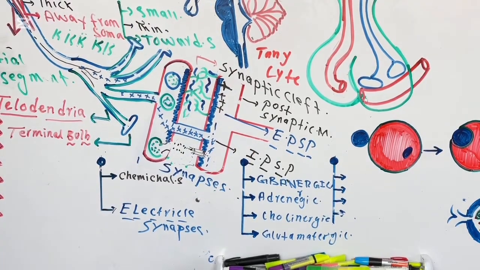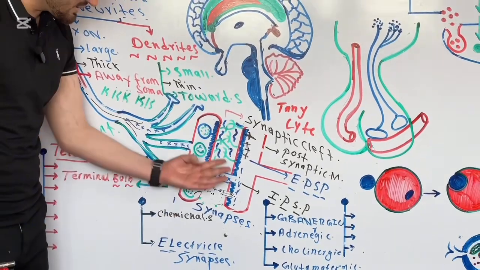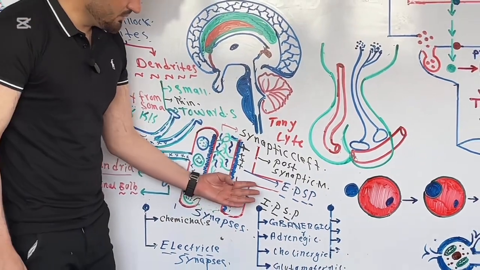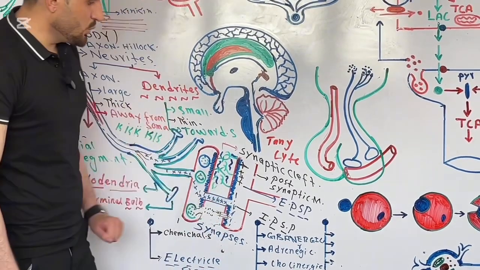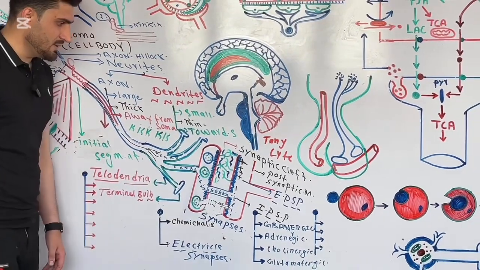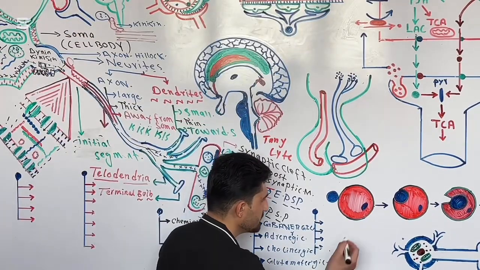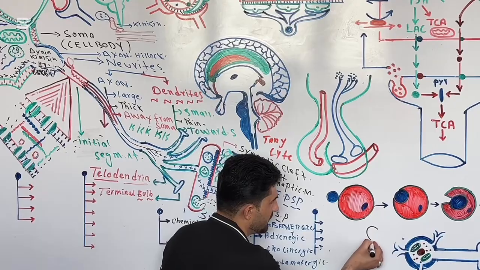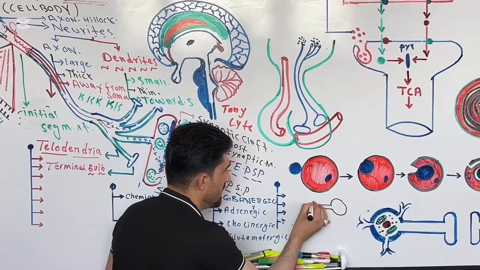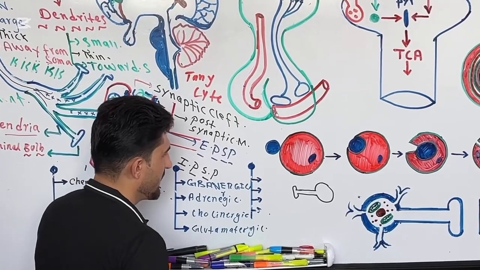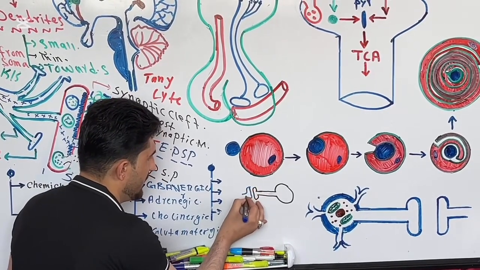So these were the types of synapses based on neurotransmitter. Also, we have some types of synapses based on location. For example, this is a neuron, this is an axon, and this axon has a synapse with a dendrite.